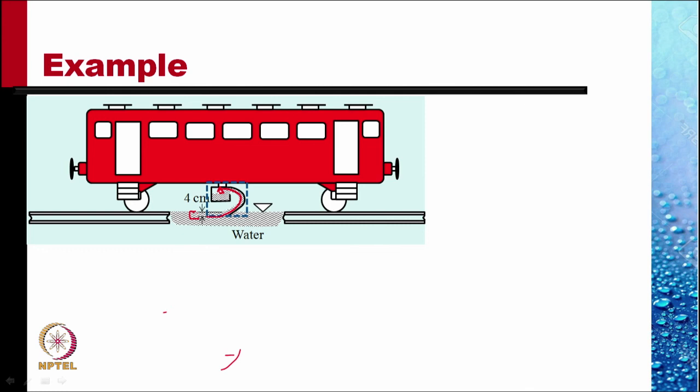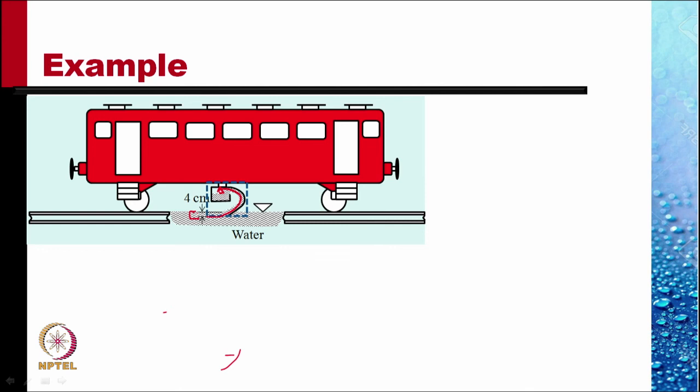This is the area of the scoop. And this area is normal to the velocity of water moving in. The relative velocity of water across the surface is the same as the velocity at which the train is moving forward. So if we know the velocity, we know the influx of water.